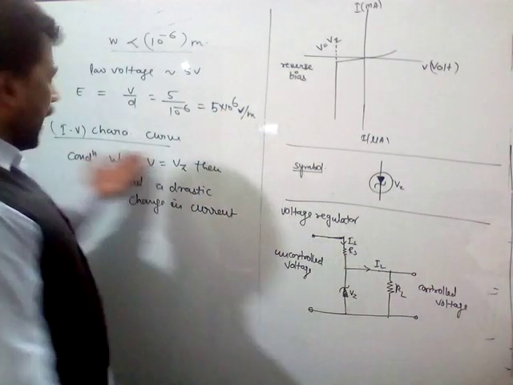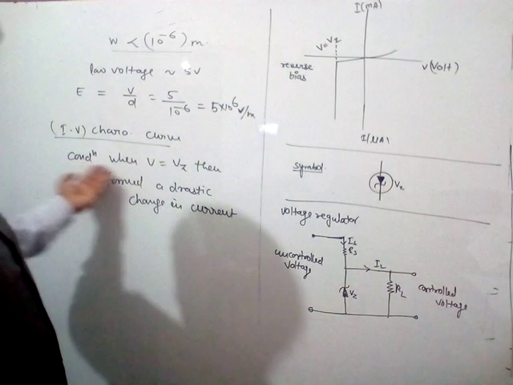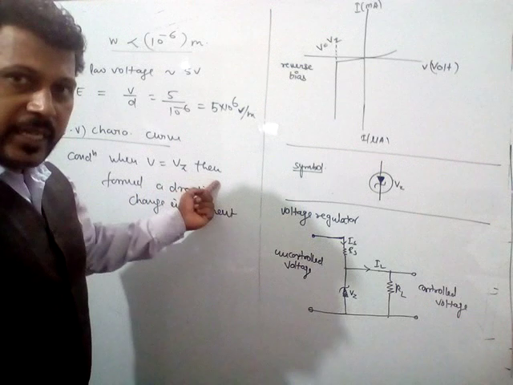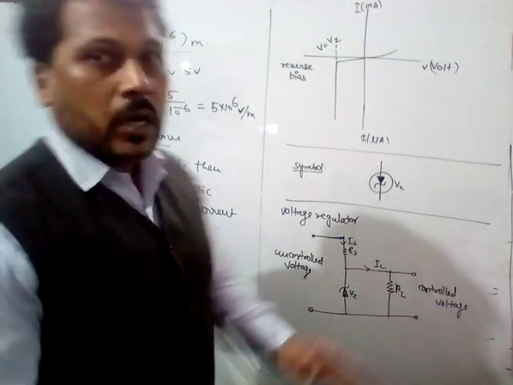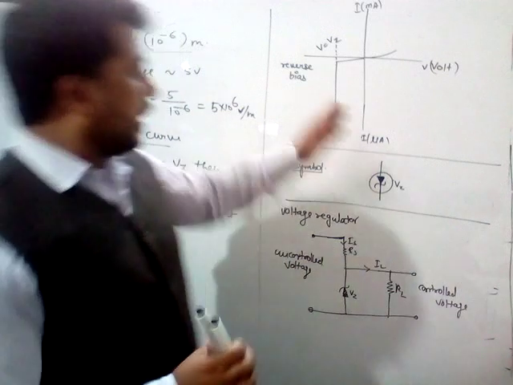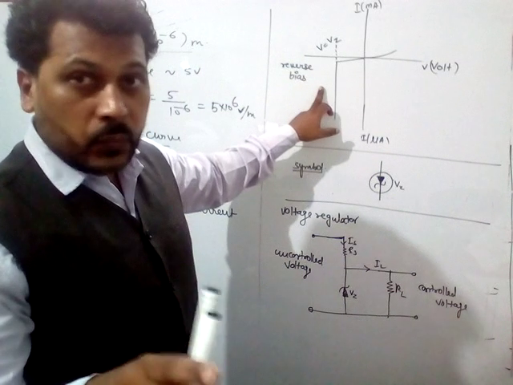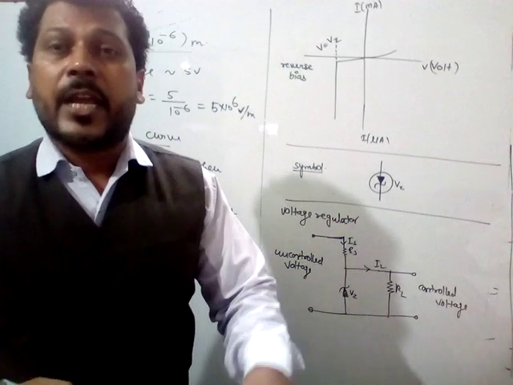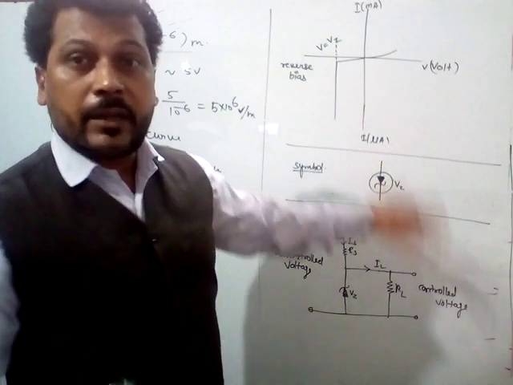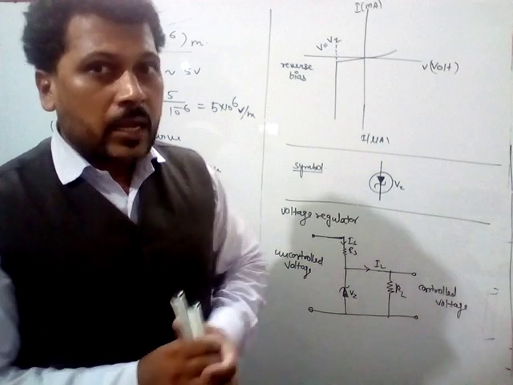So simply, as shown in the IV characteristic curve, when V equals Vz, then a drastic change is formed in the current, or simply we can say that when the voltage becomes V equals Vz, then without changing any potential, a drastic increment of the current is formed.